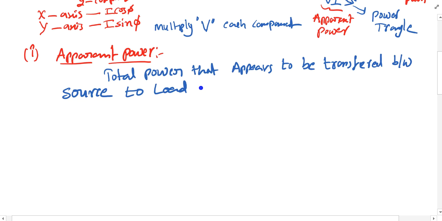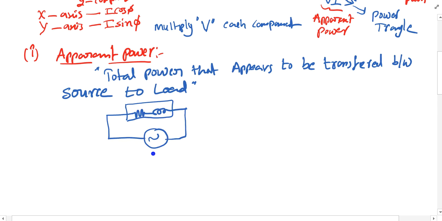What is meant by this is the explanation for apparent power. I will take one example and explain it to you. Suppose I have some kind of load, but I don't know what could be inside this box. So this is some simple circuit I am taking here.